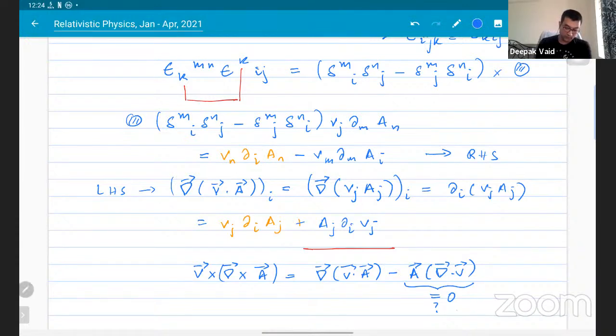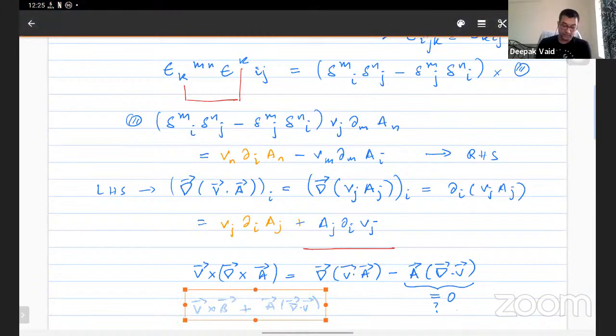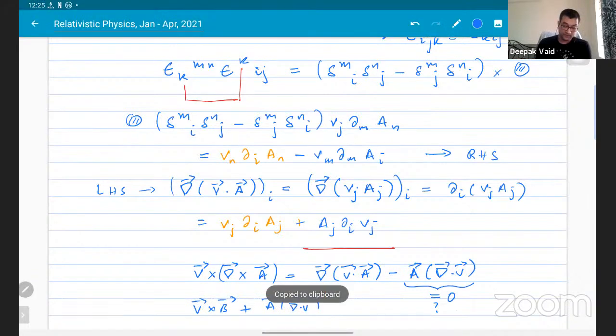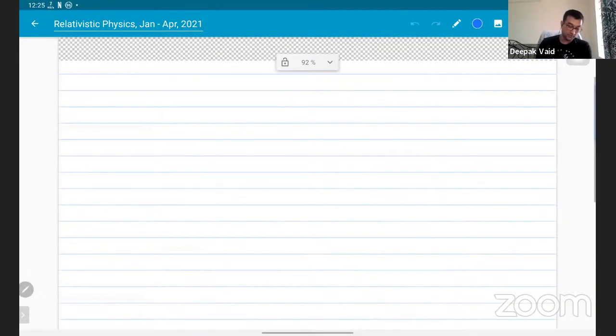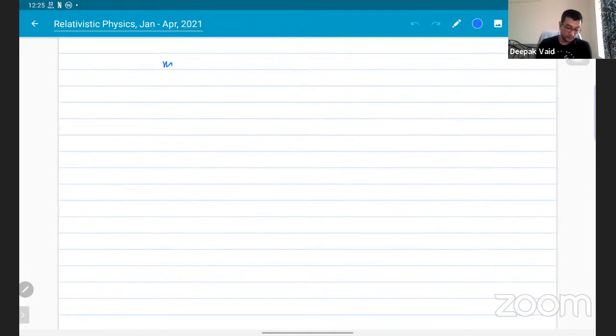So the Lorentz force law should be V cross B plus A times divergence of V. And then we should solve the equations of motion self-consistently to show that when we include this, what does the Lorentz force law become?